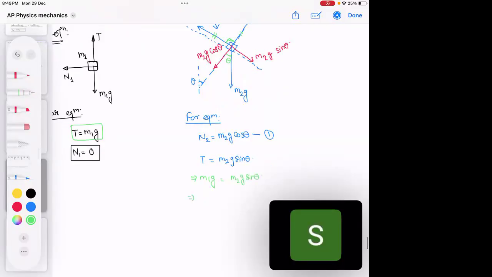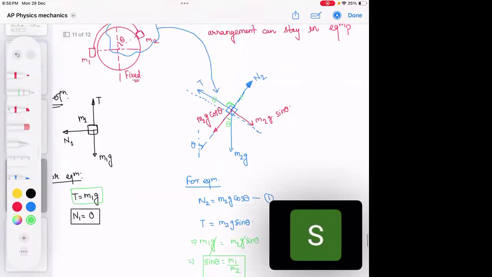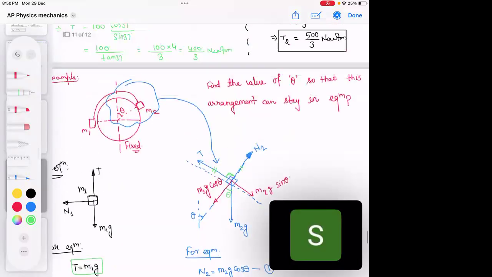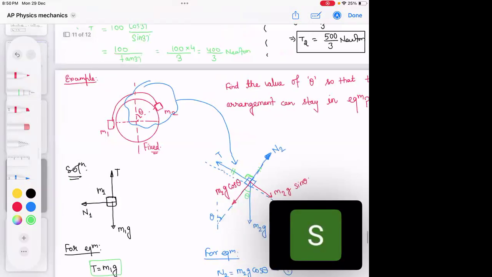So what is the sin theta we are getting? Please check it. g and g get cancelled out, and sin theta is M1 by M2. If sin theta comes as M1 by M2, then this arrangement can stay in equilibrium.